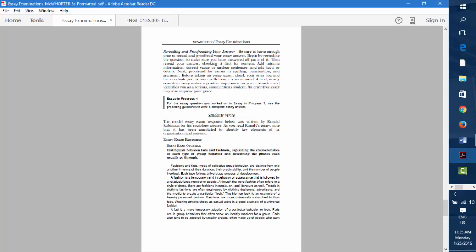And then that way you can make your revision and editing step at the end of the exam period much more efficient. That's something that can really save you a lot of time and direct your efforts so much more quickly and directly to where you need to go.